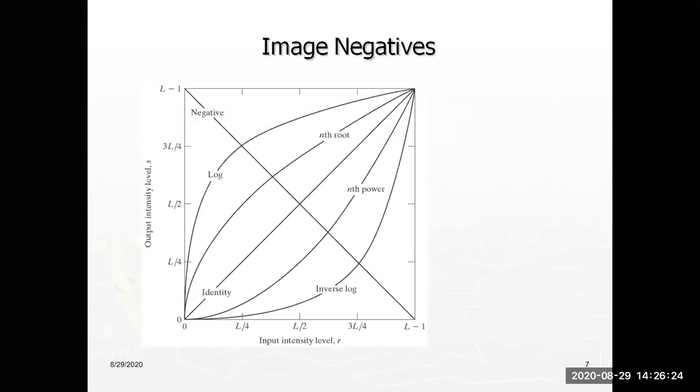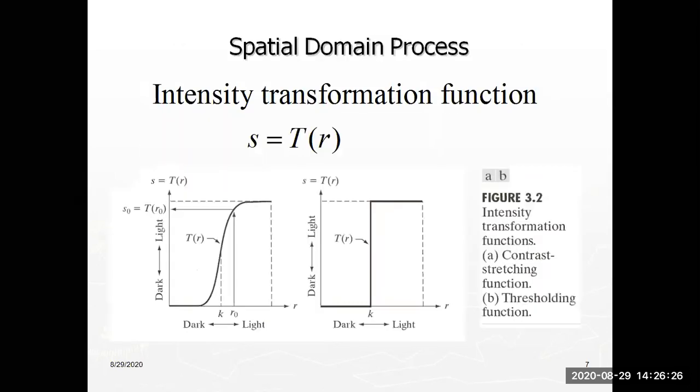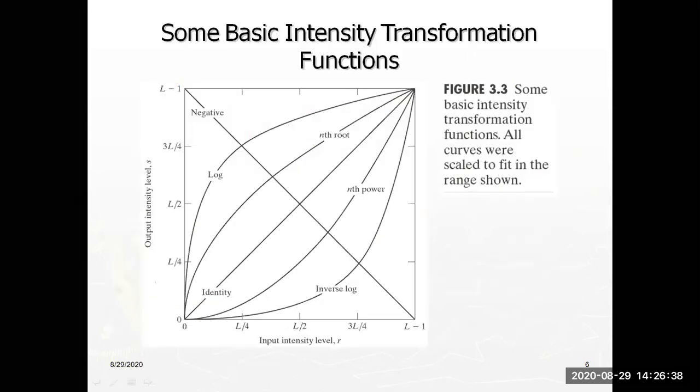So here T is some function: log function, identity function, negative function, nth root function or power function. However, depending upon the transformation function available, your image can be changed from input to output, or your image intensity values can be changed from one intensity level to another intensity level.